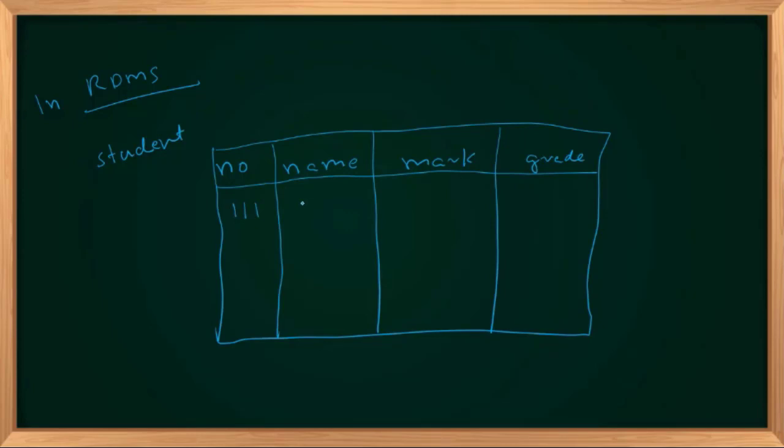One, Arun, 60, D. Two, Varun, 70, C. Three, 80, B. Okay, here students is known as an entity.